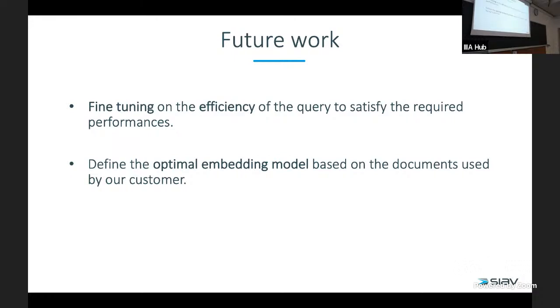Instead, our customer is searching among some kind of this text, but also among a lot of tables, a lot of very structured text. And what we saw is that by using the embedding models proposed in literature, which are treated as the state of the art and are usually based on, for example, transformers or LSTM, we are getting very bad results on documents which are something like tables or very structured.